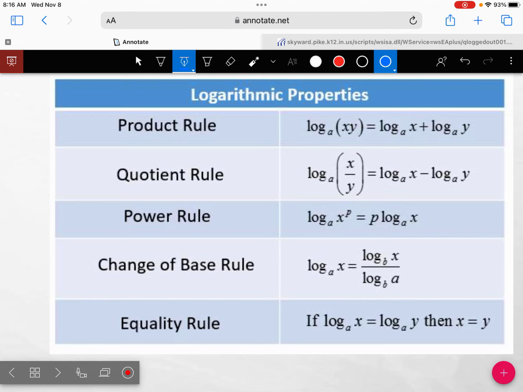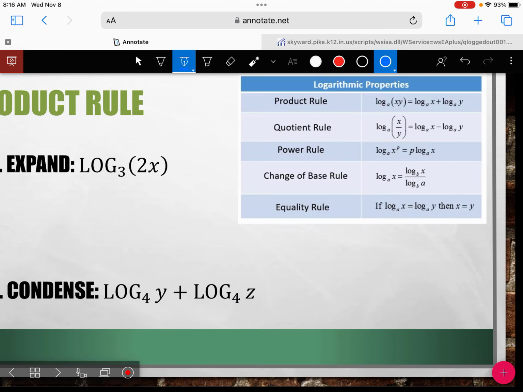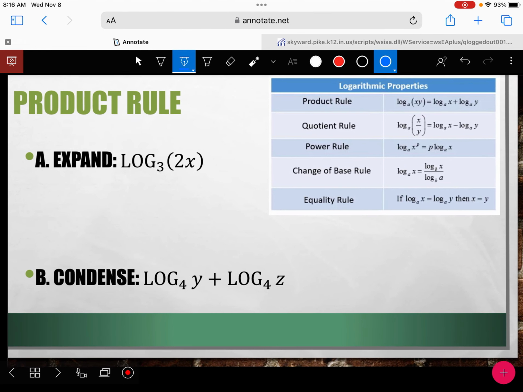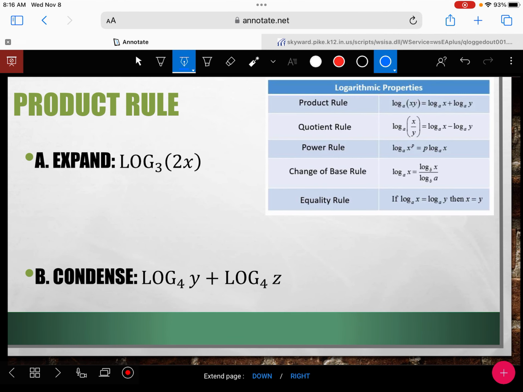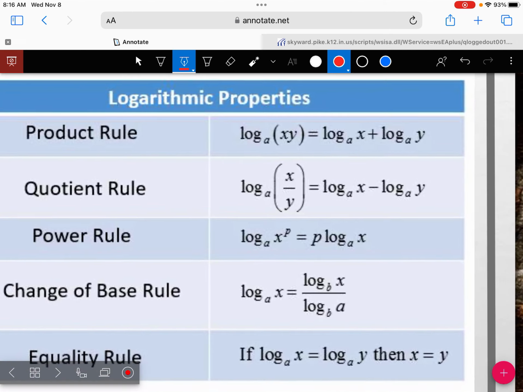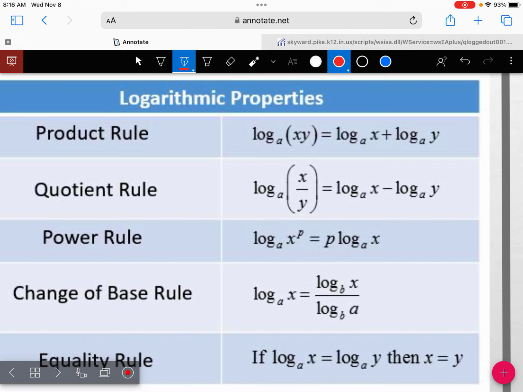All right, so after you glue that down, you can copy down the first. We're going to start with the product rule. So let me just zoom in real quick and then we'll talk about it. So who remembers this from Algebra 2?